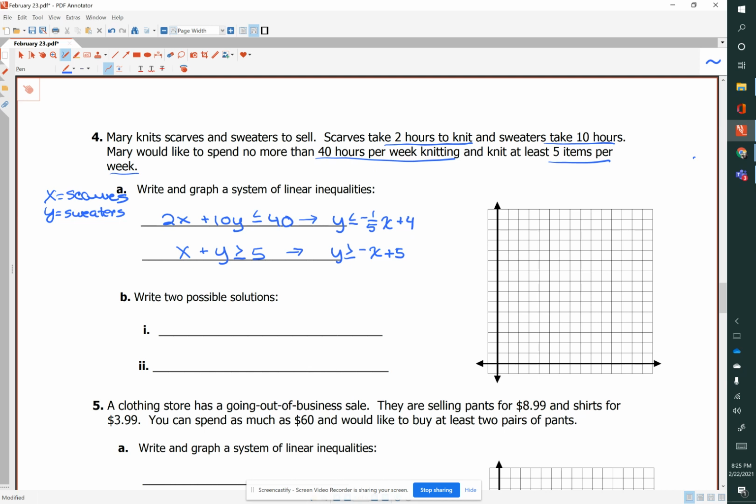So you see, we just moved x to the other side of the inequality, and then it becomes negative. So if we're going to graph the first inequality, we look for the y-intercept of 4, and we have a slope of negative 1 over 5. So 1 over 5, a gentle slope.